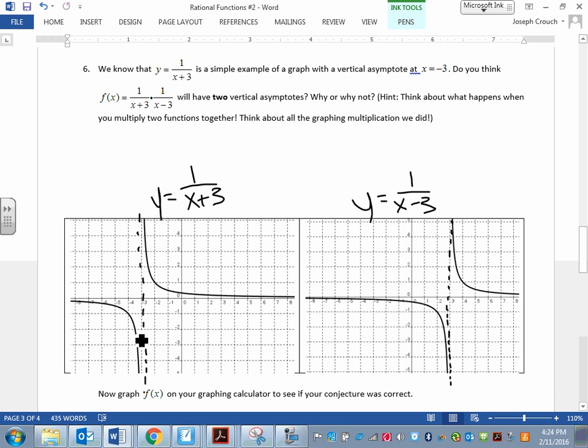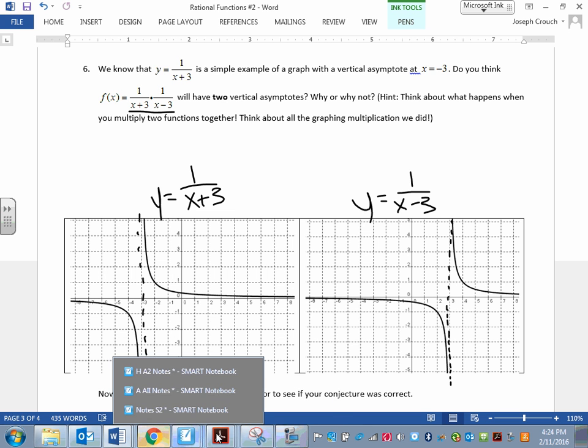Think about what happens when I get to negative 3 and I'm multiplying now. Well, this one's undefined, this one's something. Undefined times something, I'm still going to get undefined. So my product is definitely going to be undefined at negative 3. But the same reason tells us it's also going to be undefined at 3, because at 3, this one has something, but this one's undefined. So I think it'd be a good guess that we're going to end up with 2 vertical asymptotes.